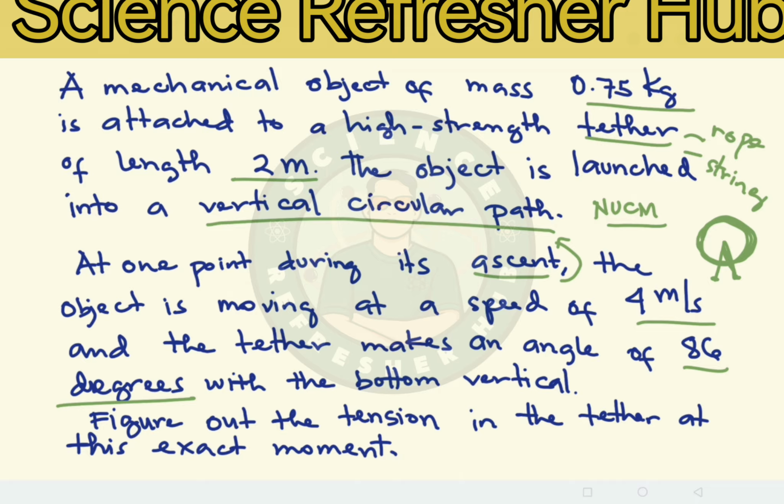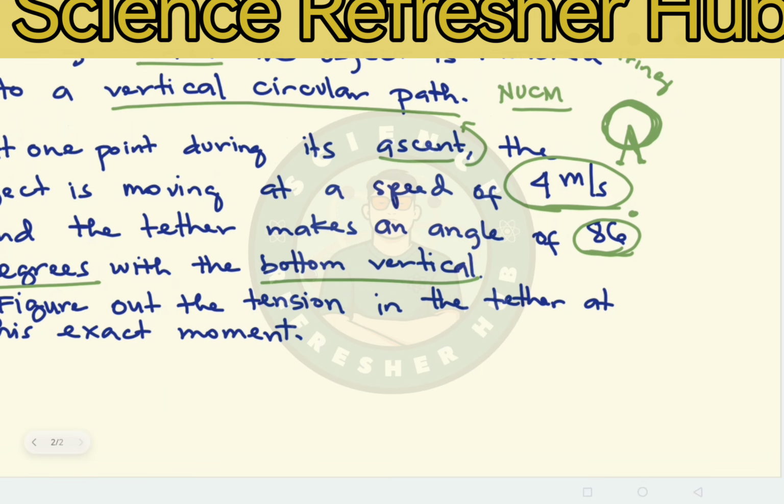So as it ascends, as we all know, the speed is going to be decreasing as it goes up. And we have a given 4 meters per second, a snapshot of the speed at this particular angle, 86 degrees with respect to the bottom vertical. So it looks like this. If this will be our circle, and we have our center point here, and this is going to be our bottom part, our object is at 86 degrees with the bottom vertical.